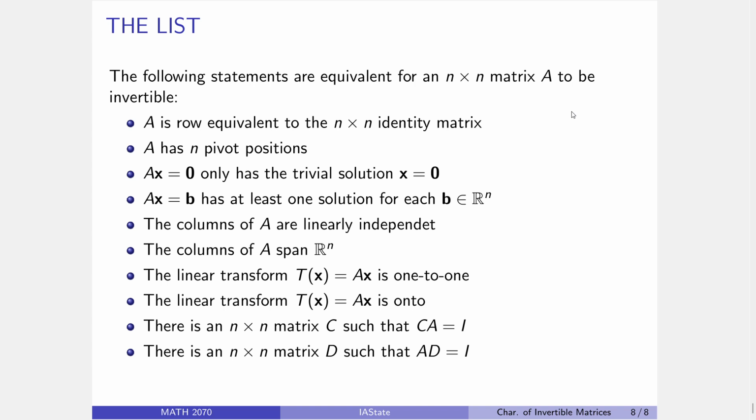Now, it is worth noting that we did prove a couple of extra bits along the way here that aren't quite explicitly stated in the list, but are sort of implicitly defined. Here, the matrix C has to be the inverse of the matrix A. Right, and you can kind of piece that together from the fact that A has to be invertible.